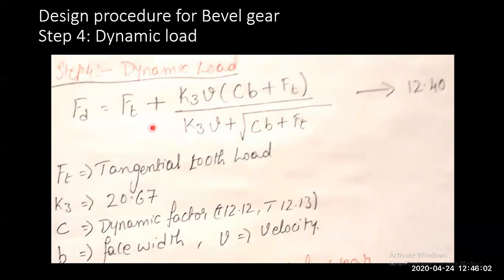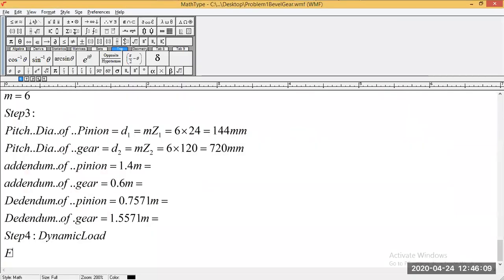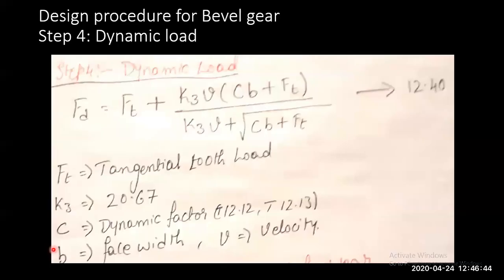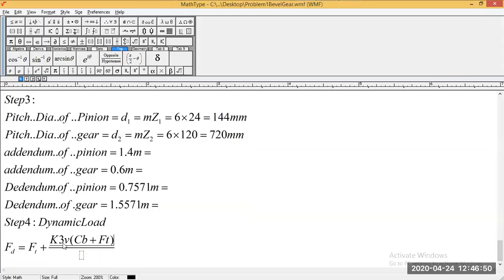It's like this: FD is equal to FT plus a fraction, K3 V, then bracket C B plus FT.